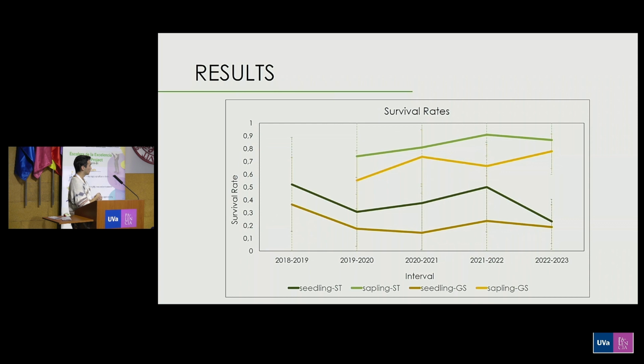If the tree can pass the first year, stabilize and establish, the next year it will have more opportunities to not die. So this is very important. Also, between both treatments, here we have the seed tree method, in seedlings and saplings the survival rates are higher.